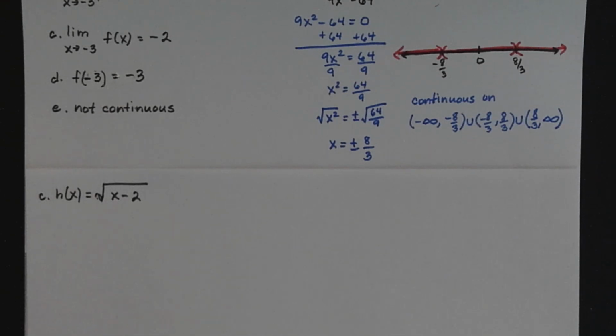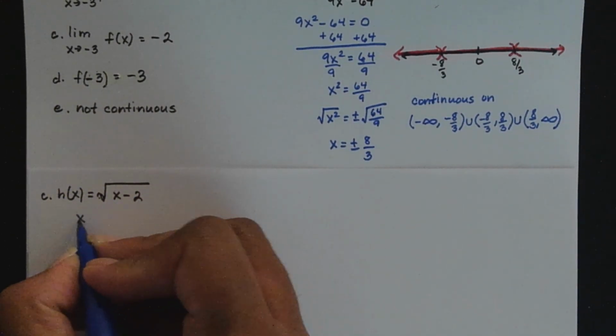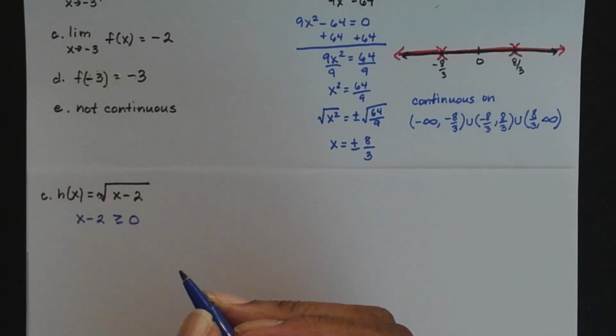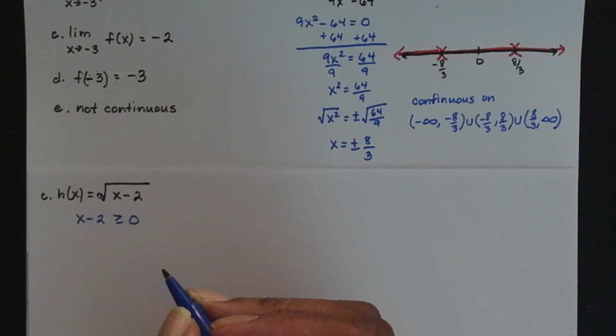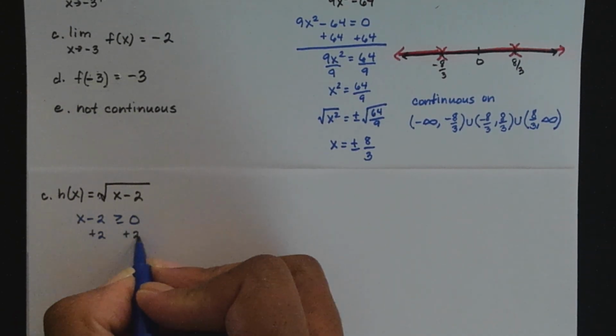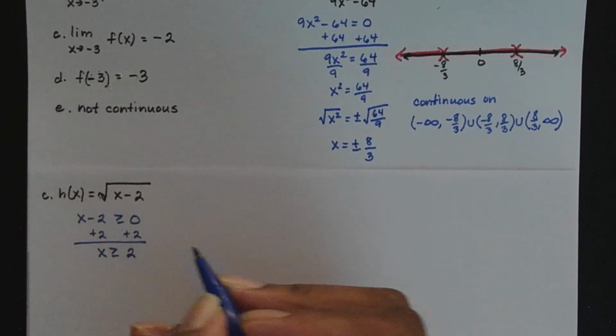Now here we got a radical function, so we need to take what's underneath that radical, x minus 2, and set it to be greater than or equal to 0. Then to get x by itself, we add 2. That means x is greater than or equal to 2.